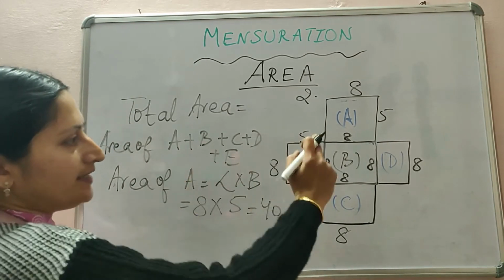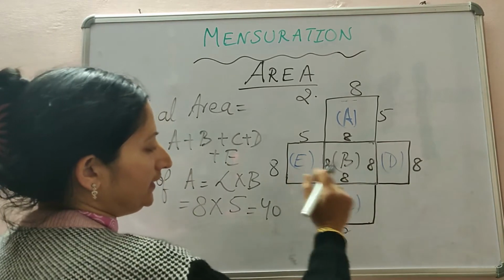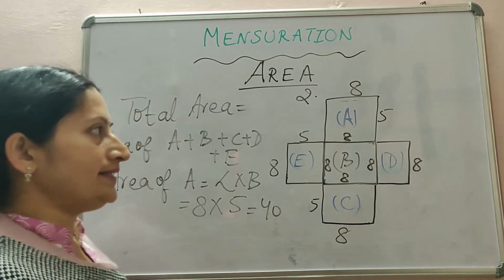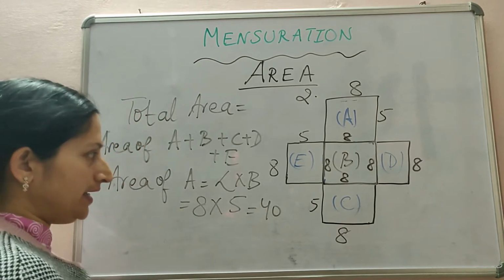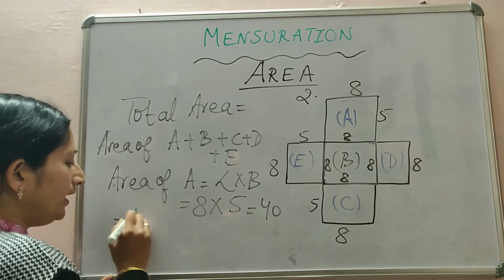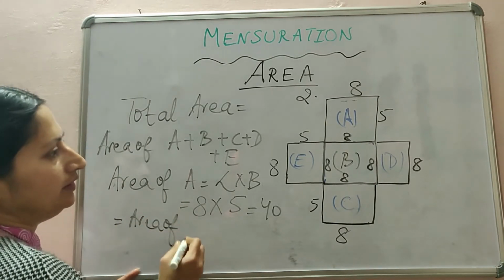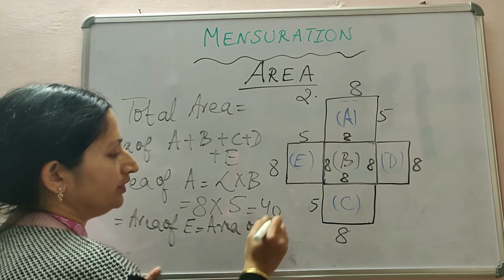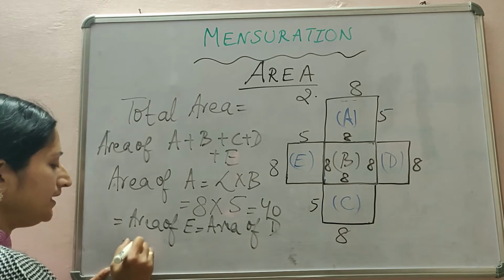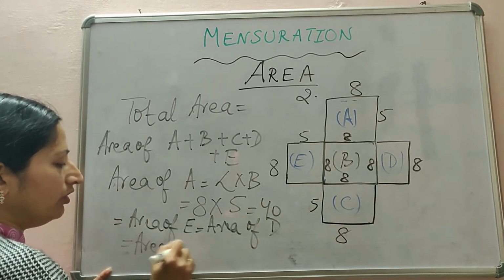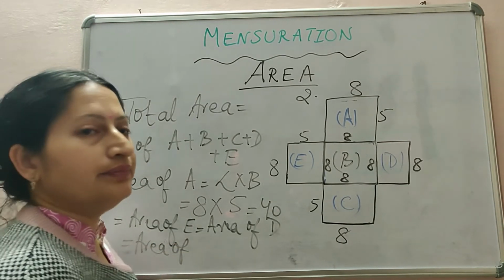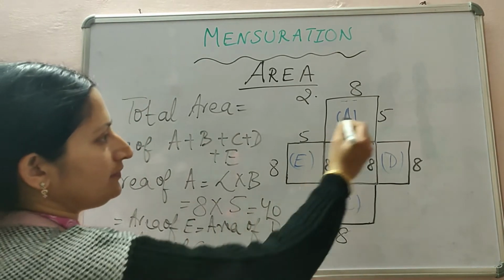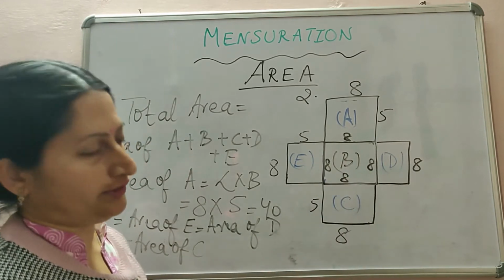Now as D, E and C have the same length and width as figure A, we can say that area of A is equal to area of E, which is equal to area of D, and it is equal to area of figure C also. So each of these figures has an area of 40 units.